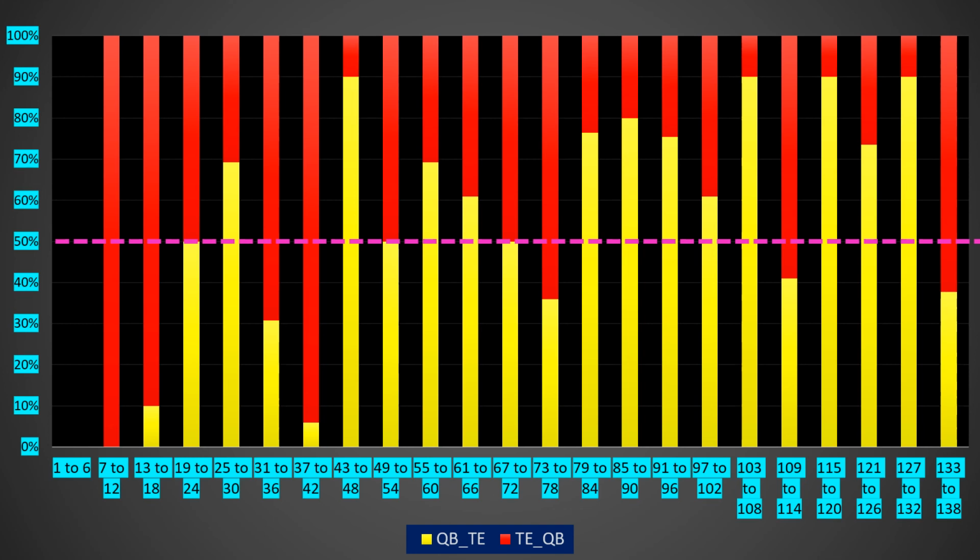And we have QB here, QB there, here, okay, here. And it looks like there's a little zigzag going on right here. QB, QB, QB. So tight ends, it's almost all tight ends with an early QB, but pretty much tight ends are ruling here.